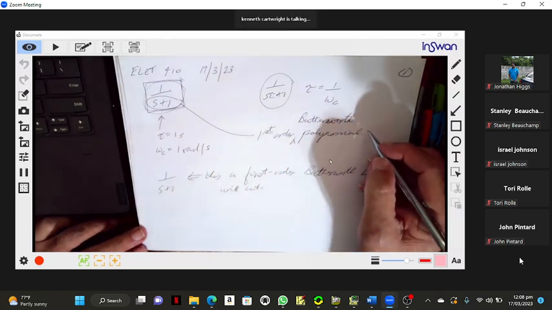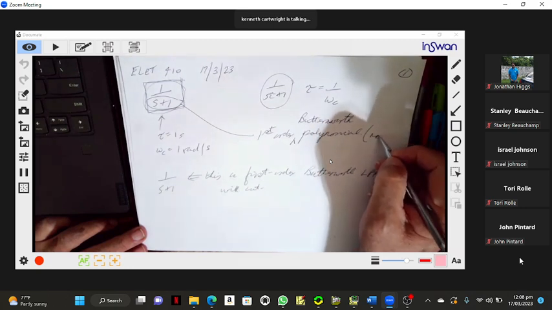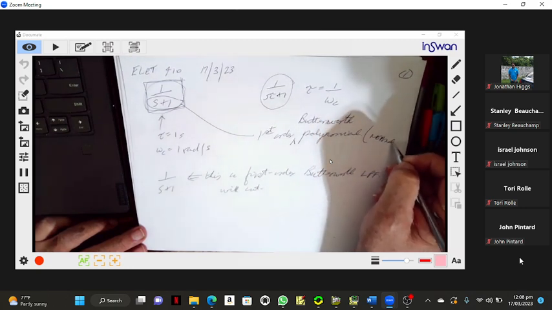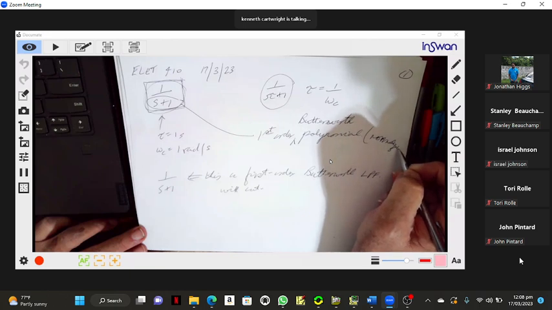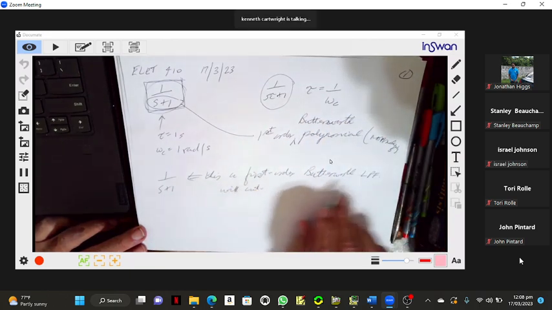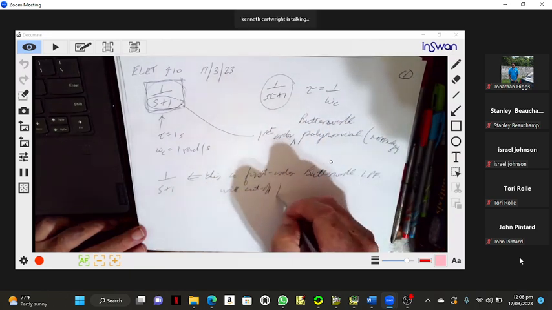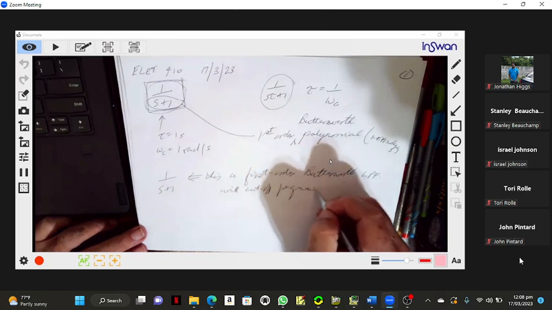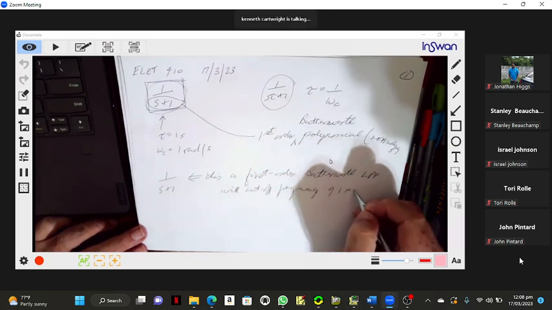By the way, I should say this is normalized. This is the first order Butterworth low pass filter with cutoff frequency of 1 rad per second.